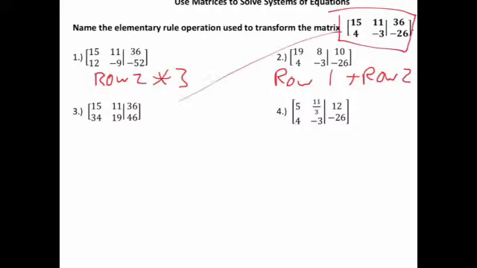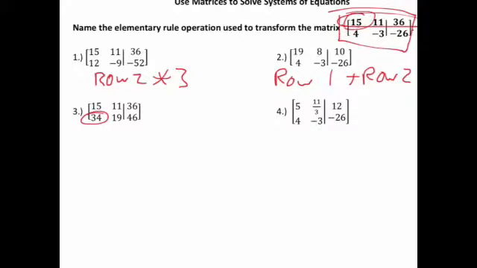And on the next one, I notice how my first row stays the same, but my second row is actually quite a bit larger. Looking at this first one, I go from 4 to 34. You can't take 4 and times by a whole number to get up to 34. So I'm thinking you actually added a multiple of this one.